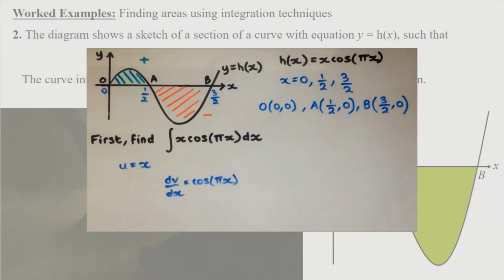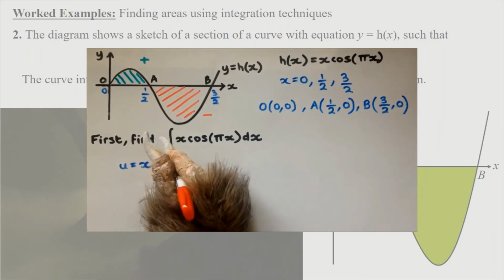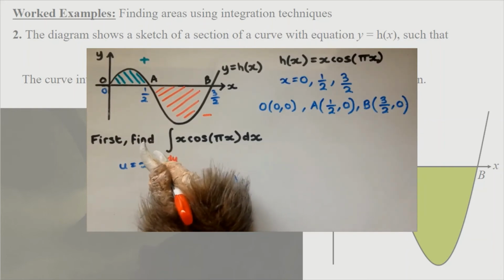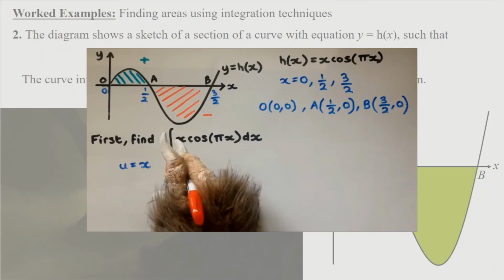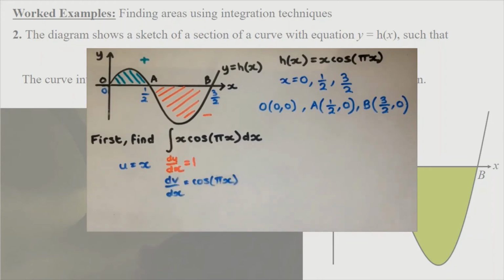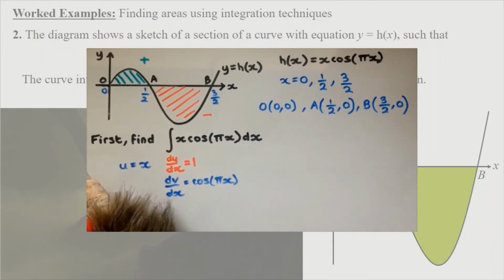Now let's write down what we don't yet know, and that's the derivative of u and the integral of v. So the derivative of u is easy. It's just going to be 1. Let's write that in. So du by dx equals 1.